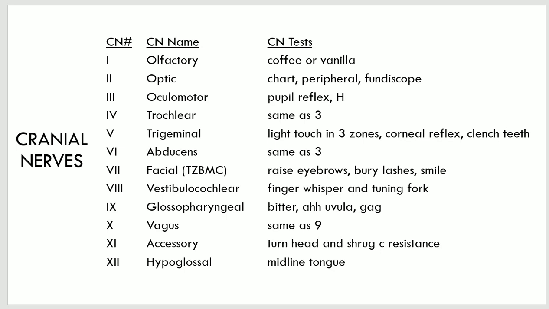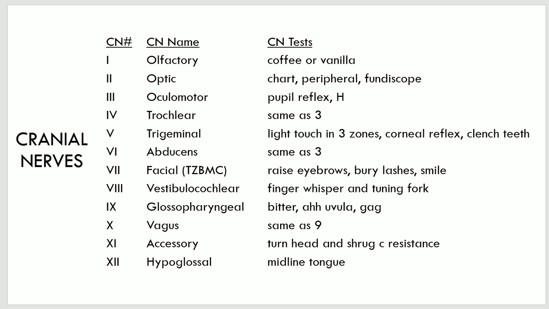So these are really, really good indicators, especially for diagnostics, because they don't take that much effort, right? An eye chart. Can you smell coffee or vanilla? Light touches in 3 zones. Raise your eyebrows.